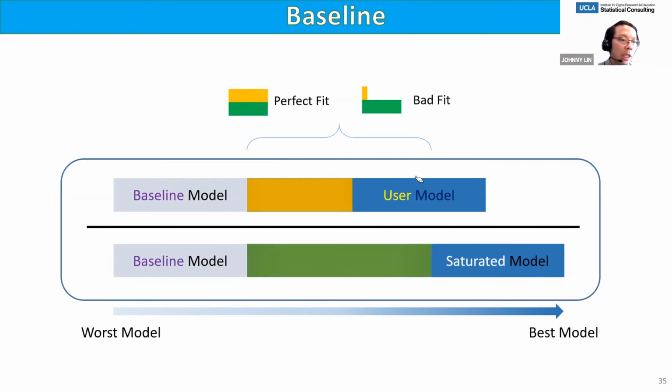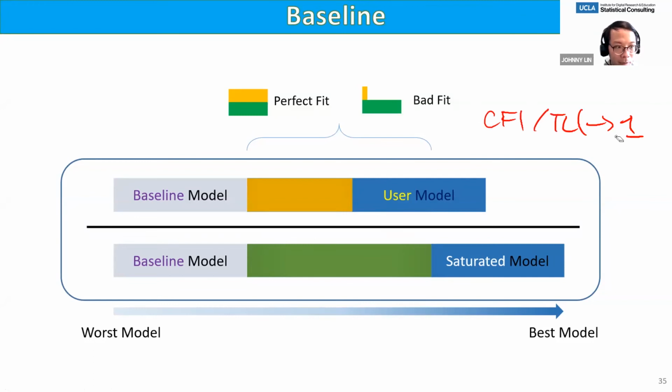What would this ratio be if your user model was the saturated model? One. Good job. Perfect. You guys are getting it. That is why we want, for example, the CFI and TLI to approach 1.